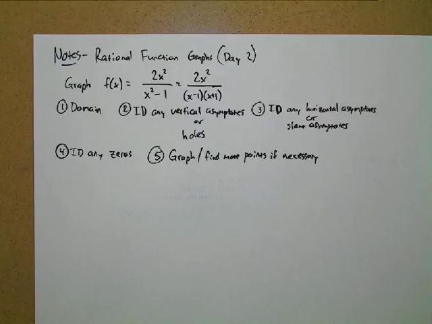If we plug in 0, we'll have 0 in the numerator, so it's at least 0. At least 0 minus 1, so that's -1. 0 plus 1, so it's 1, so it's -1 times 1, -1. So we'll have 0 over -1. That's still 0, no problem. No problem plugging in 0. If we plug in 2, we'll have 2 squared, which is 4, times 2, which is 8. And we'll have 2 minus 1, 1, 2 plus 1, 3, 3 times 1, so it's 8/3. Again, no problem plugging in 2.